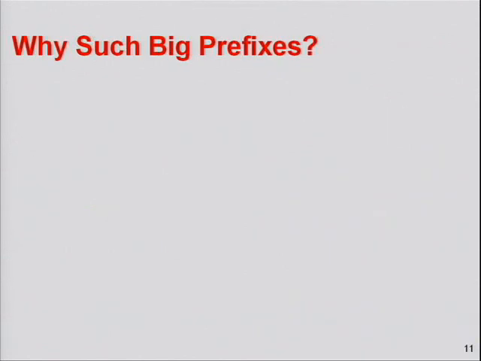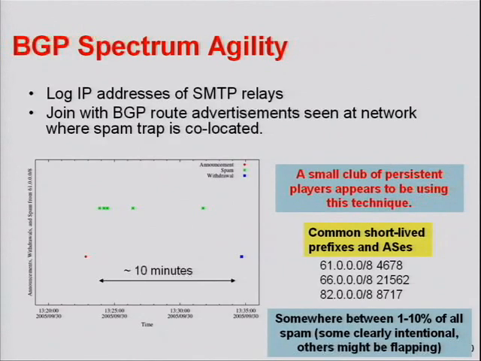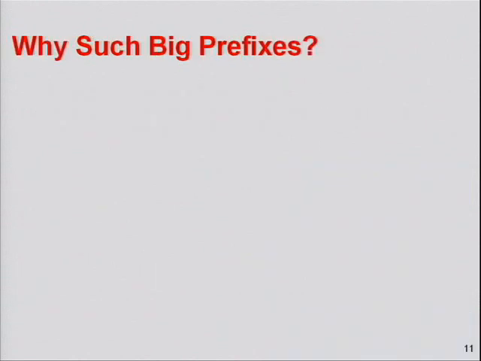So getting to the question of these prefixes, we saw a lot of these prefixes advertised in this way that were as big as /8s, right? So 1/256 of all the internet's IP address space being announced by a spammer in this way seems a little strange until you think about exactly what's going on.